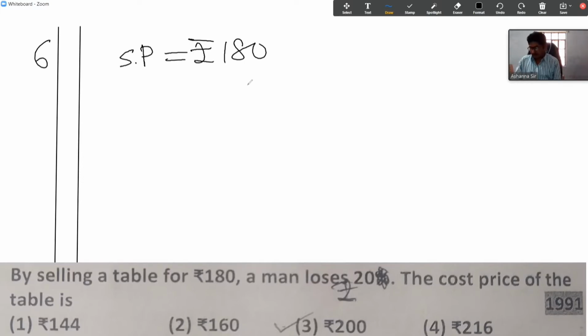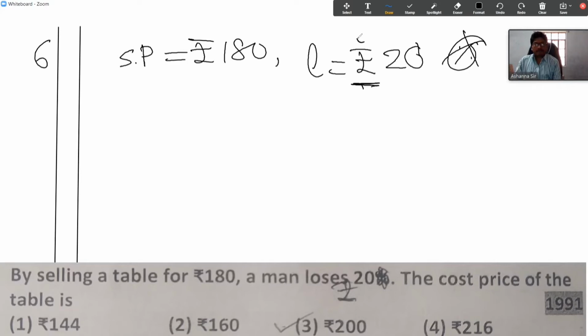Here a man loses 20 rupees. Delete this percentage sign and keep the rupees symbol.